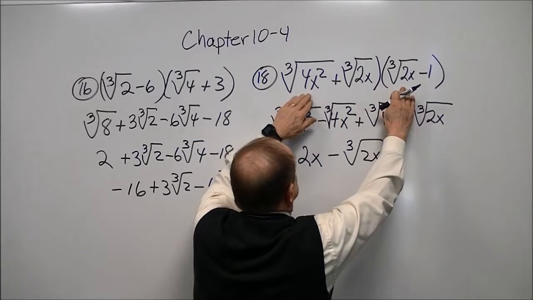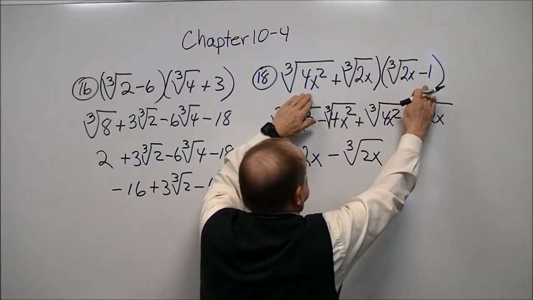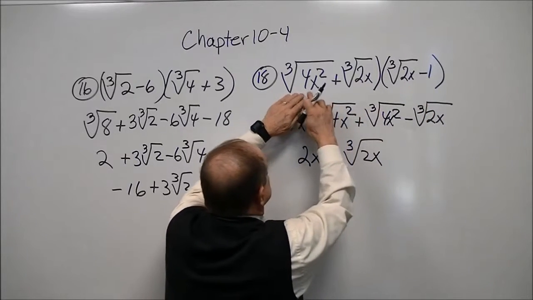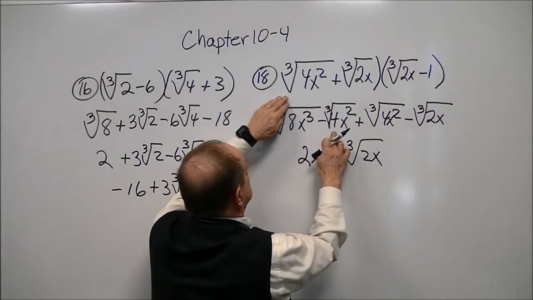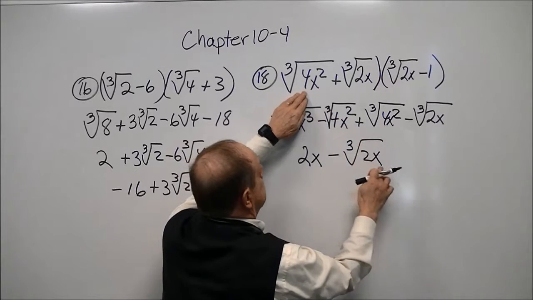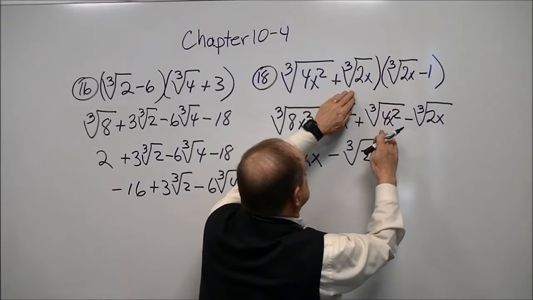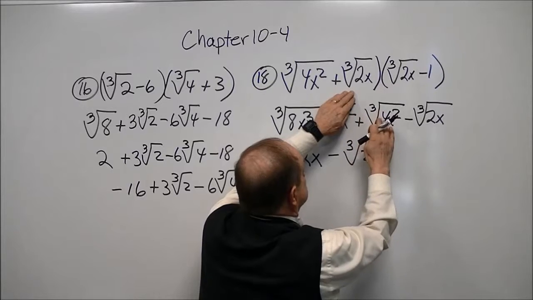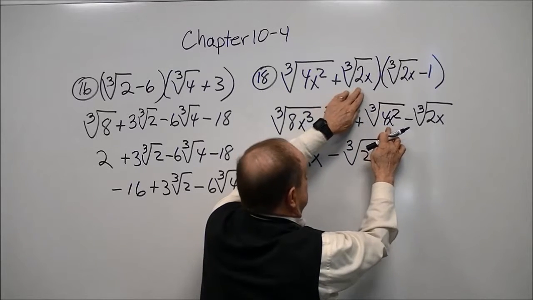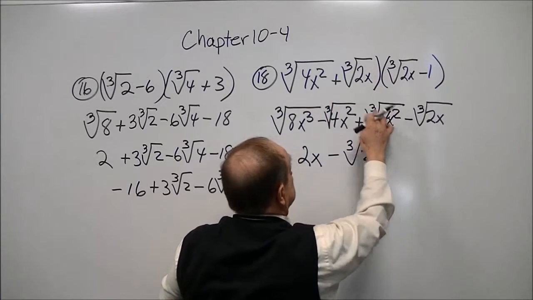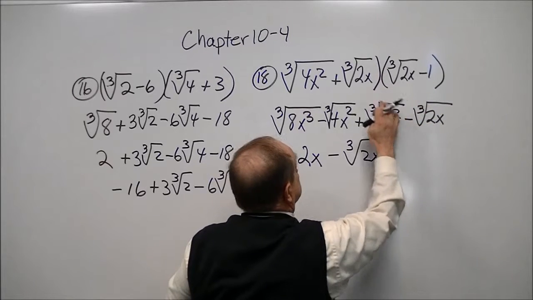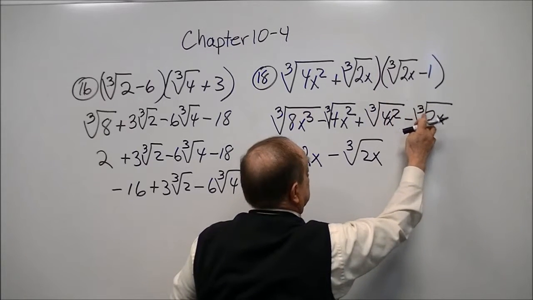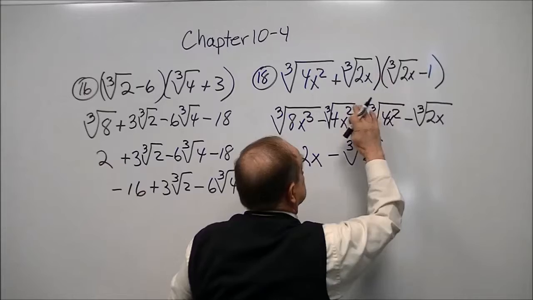Your outers, a negative cube root of 4x squared. Your inners, a positive third root of 4x squared. And then your last, a negative third root of 2x.